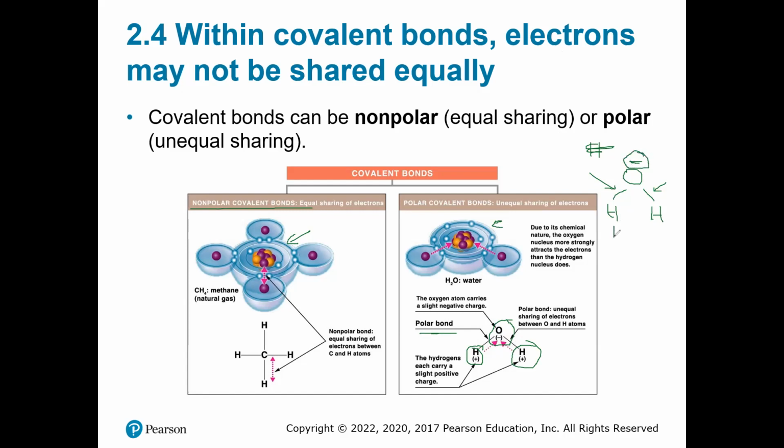And these become slightly positively charged, like that. Now you're asking, why do we care? What does this matter? Well, it turns out that this unequal sharing in this molecule is what makes water water, and gives it all the properties that it has.